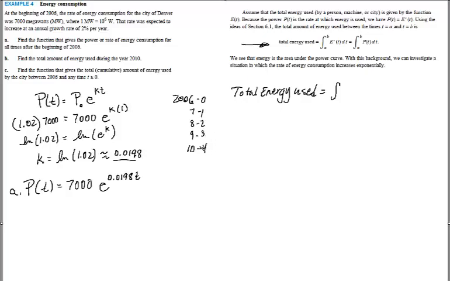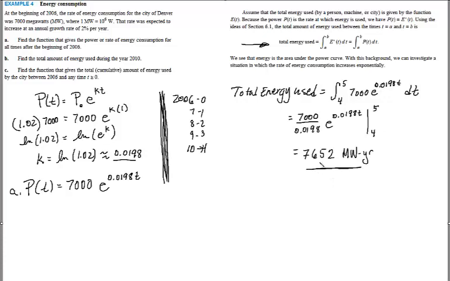So during the whole year, that would be from 4 to 5, and I'm going to integrate my power function, which is 7,000 e to the 0.0198 t dt, and I'm going to integrate that and plug in my values, and I'll crunch those numbers for you. Alright, there's what I get for B. They don't tell me to put in any particular units, probably not standard units, but I'm going to leave it.